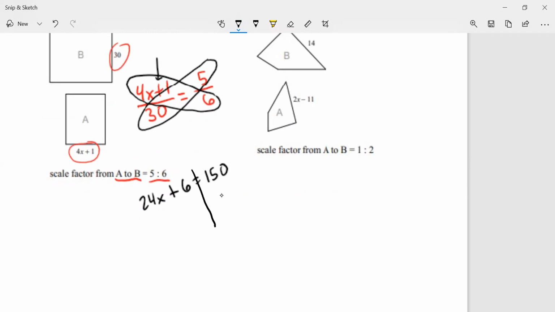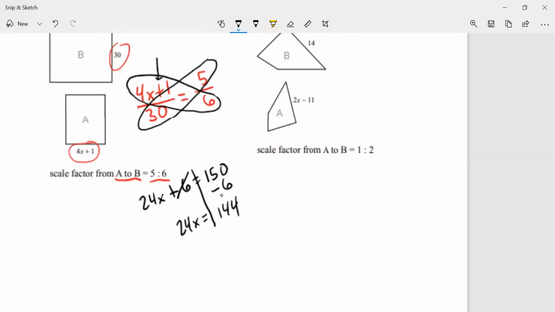It's okay if I separate my sides. I'm going to draw the little segment just for me to see my sides. I want that term with x by itself. So this plus 6, let me move it to the other side as a minus 6. Don't forget to switch the signs. So then I have that 24x is equal to 144.